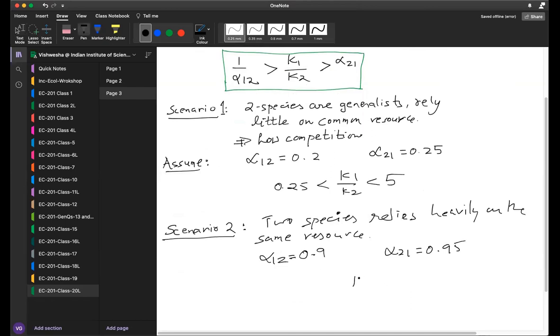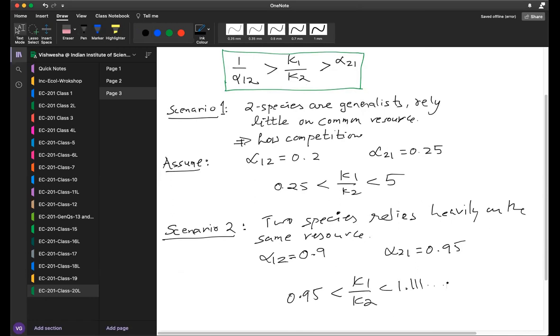Now let's write down the same condition. Okay, so K1 by K2 must be greater than alpha 2,1. It must be greater than 0.95, but it must be less than 1 over 0.9. How much is 1 over 0.9? It's about 1.1. Is that correct? No, 1.1111. Okay.